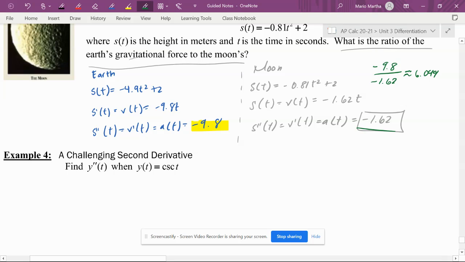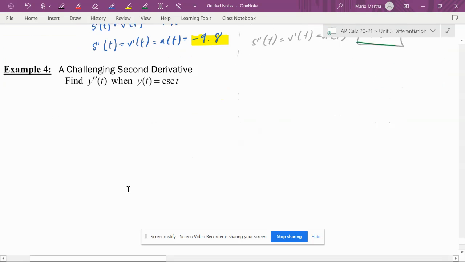And this number tells us that the Earth's gravity is 6 times more than the moon, at least. So if you weigh 120 pounds here on Earth, that means that on the moon you would only weigh 20 pounds. Okay.